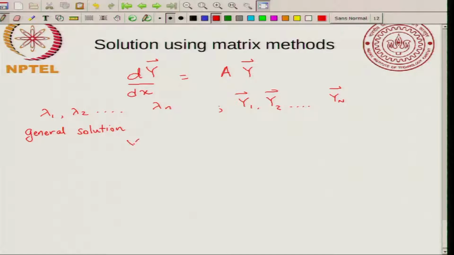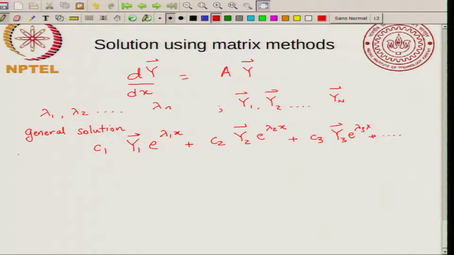So, each term will look like y1 e to the lambda 1 x times c1 plus C2 times y2 e to the lambda 2 x plus C3 times y3 e to the lambda 3 x and so on.